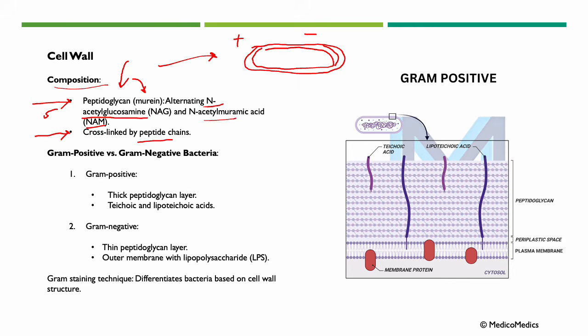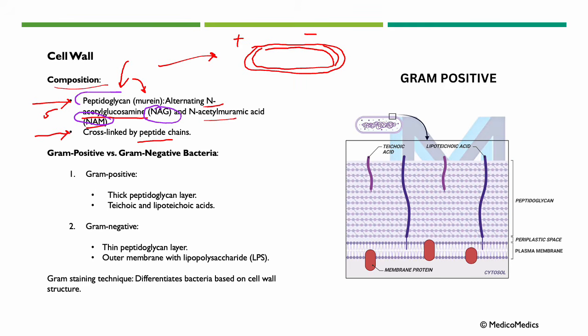Now, NAG is a derivative of glucose and is one of those repeating sugar units in the backbone of peptidoglycan, while NAM, or N-acetylmuramic acid, is a modified form of glucose. What differentiates it is that it has a lactic acid group attached to it. So it is the other sugar in the repeating backbone.